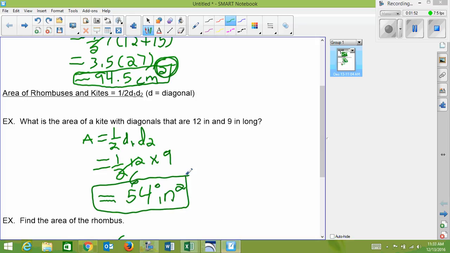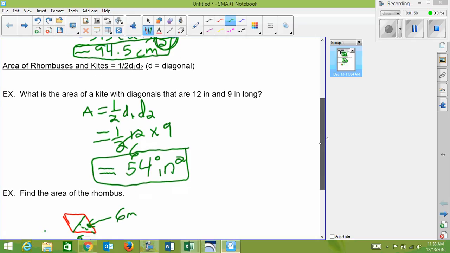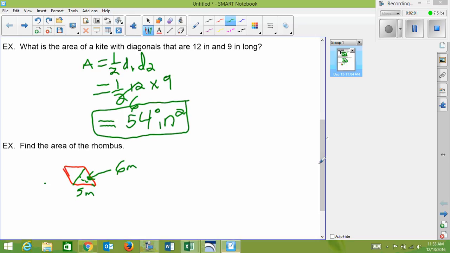Not much to it. Sometimes you're going to have to do some algebra first, though, to find out how long the diagonal is, and then use that answer to get the rest. So the area of a rhombus, again, you need to find the diagonals, but on this one you can see they actually only give you half of one diagonal.